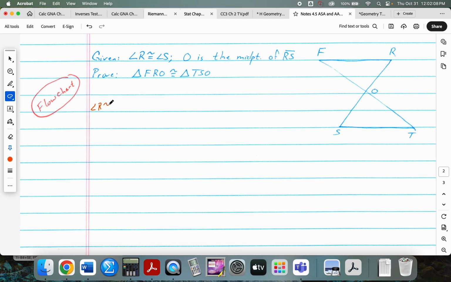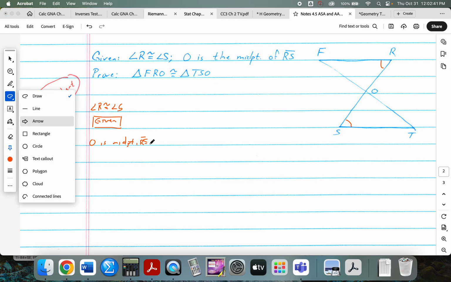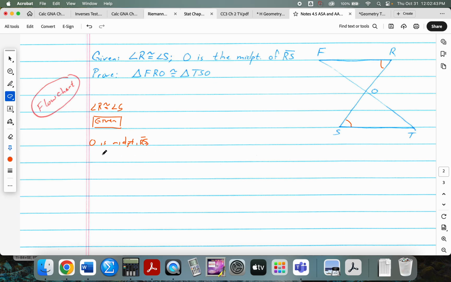So here, we're given that angle R is congruent to angle S. And then we're also given that O is the midpoint of segment RS. That's also a given.